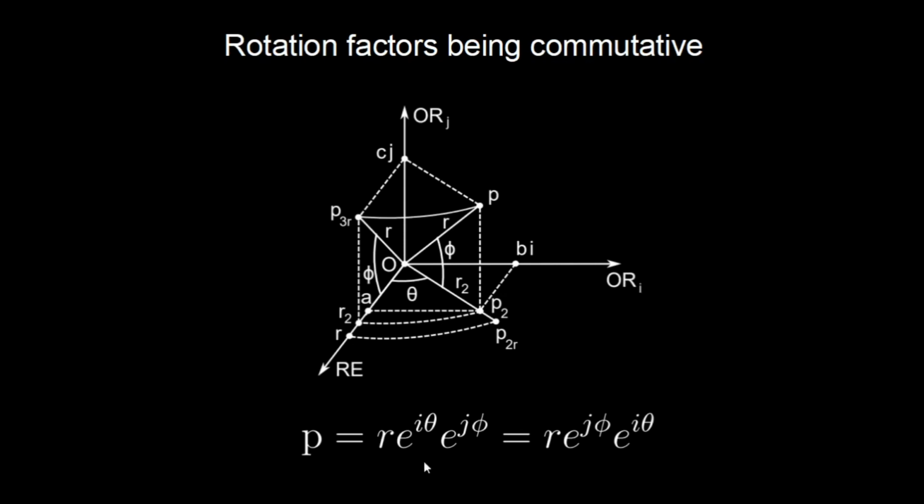We can see that changing the multiplication order of the rotation factors will not affect the result. That is, the rotation factors are multiplication commutative.